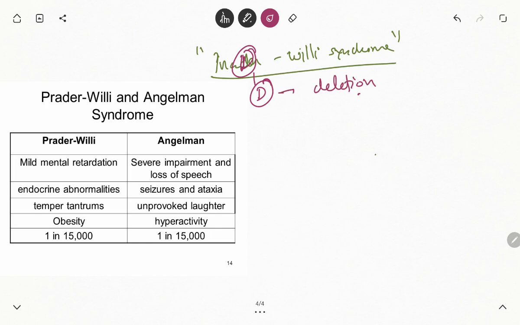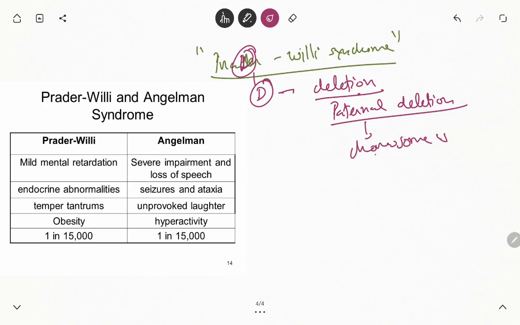That is, paternal deletion occurs. We have seen that there is paternal disomy, that is both paternal and maternal become active in Beckwith-Wiedemann, whereas here the paternal deletion occurs on chromosome 15, leading to maternal disomy.